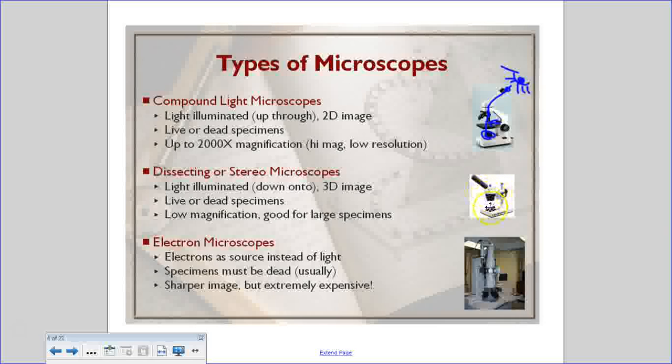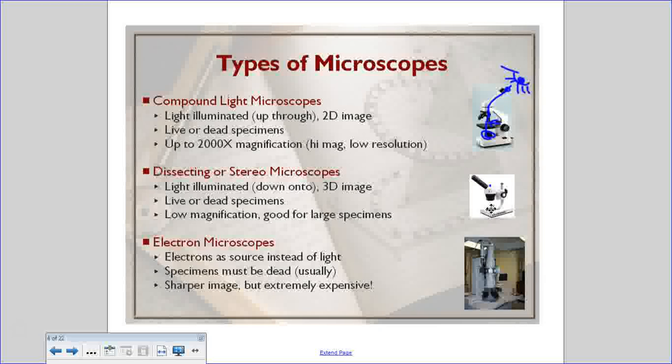Okay, so basically you see the whole object for what it looks like. You see all around the surface of it. You can't see inside of it unless maybe you would cut it open and put a piece of it there. But you can't see through it.